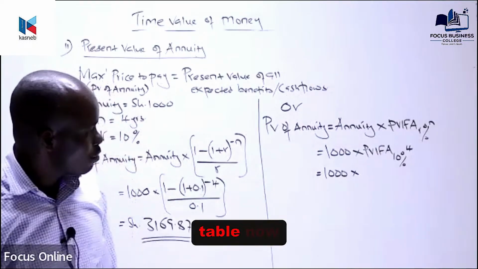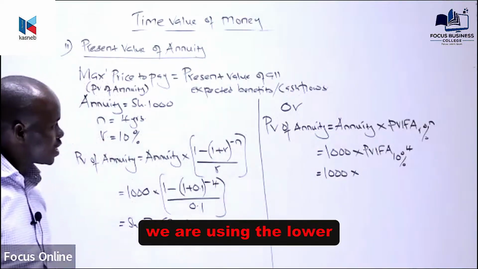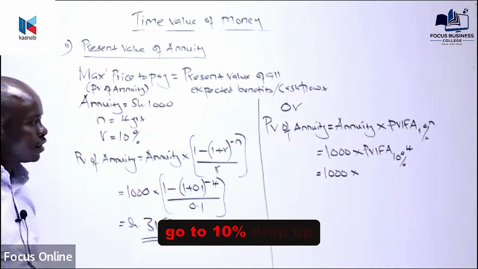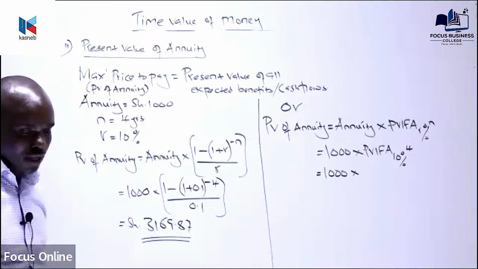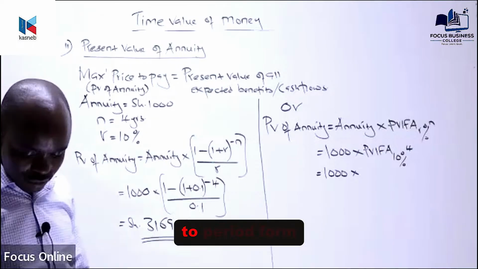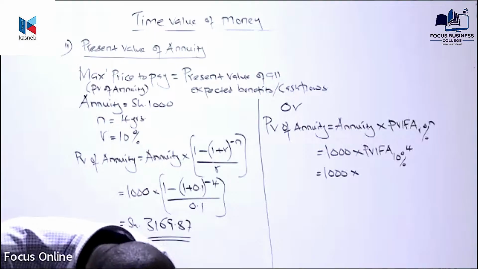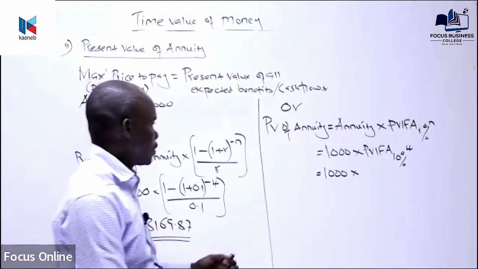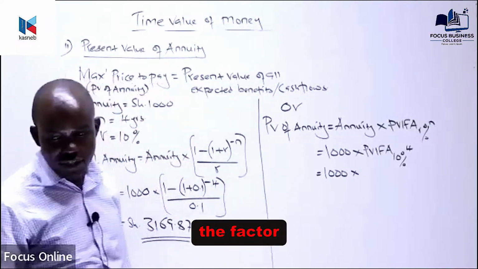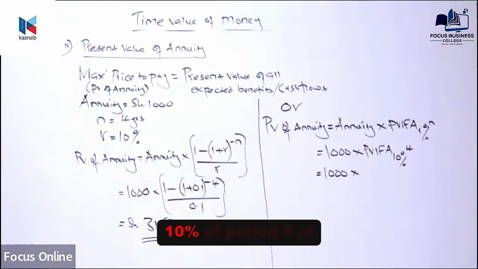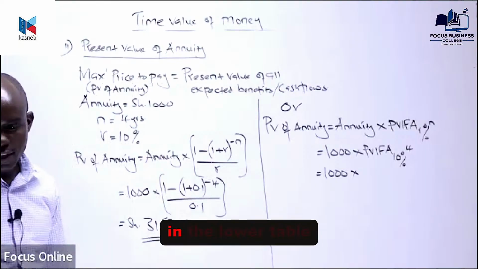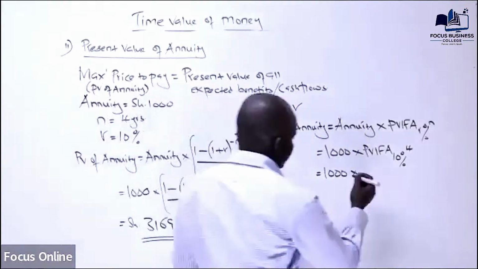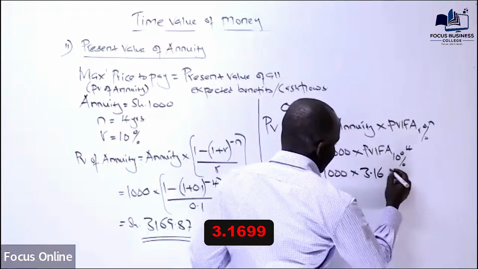We are using the lower table now because this is an annuity. Go to 10%, drop down to period 4. At 10% and period 4, we have 3.1699.